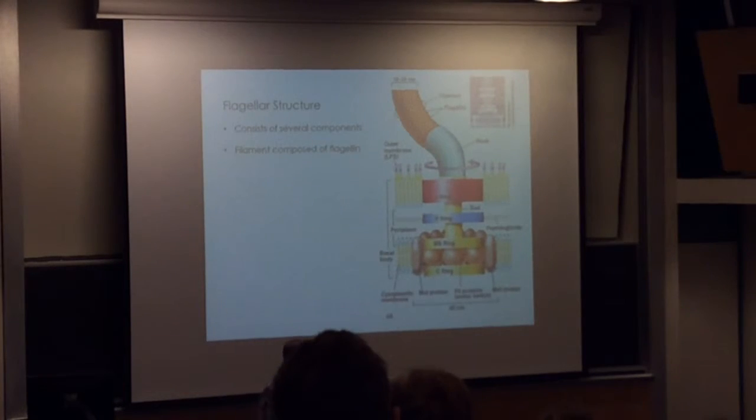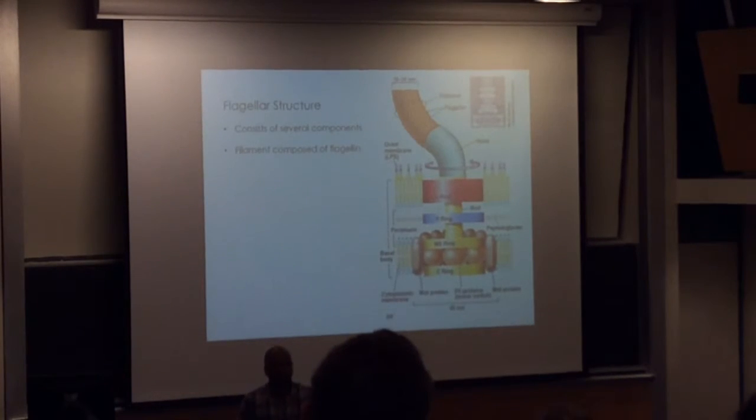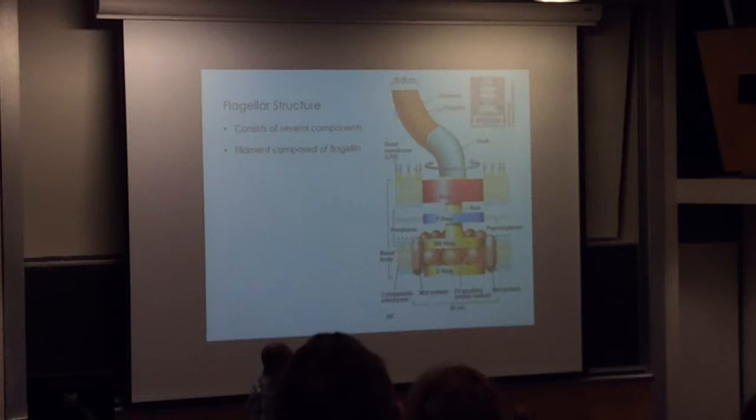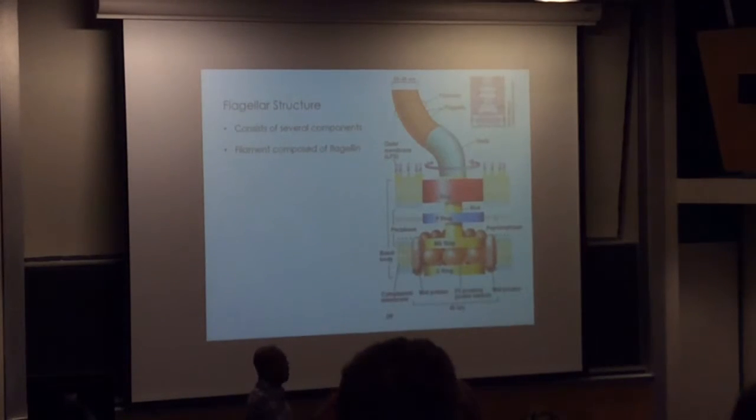The flagellum itself is a highly complex structure, and this is a close-up view of it. This is the outside, the bacterial cell wall and cell membrane, and this is the outside of the bacteria.